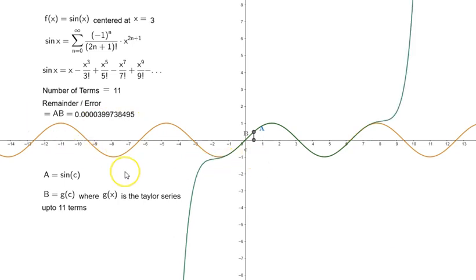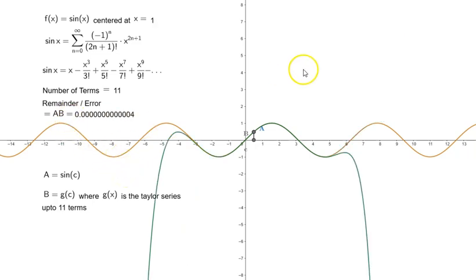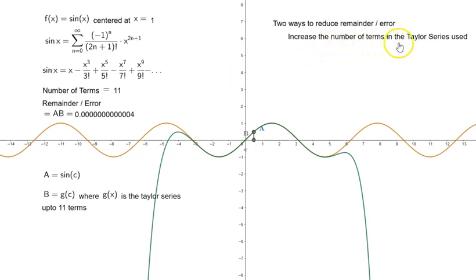If I center it at 3, the error is much greater. As you must have figured out by now, there are two ways to reduce this remainder or error. One is to increase the number of terms in the Taylor series used, and the other is to change the center nearer to the point of interest.